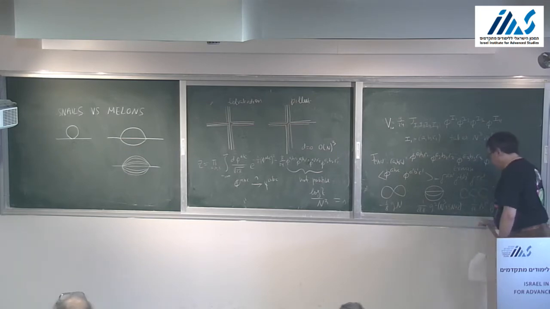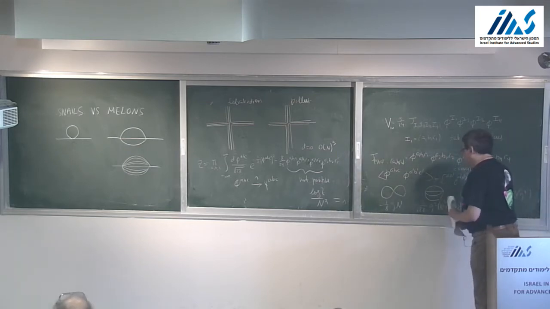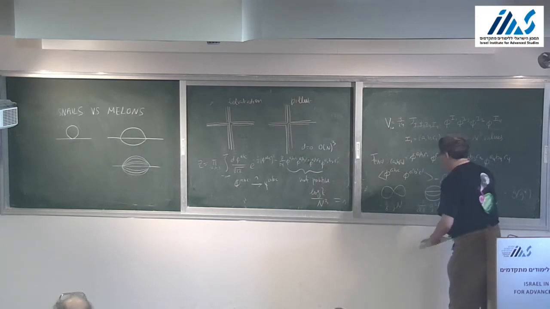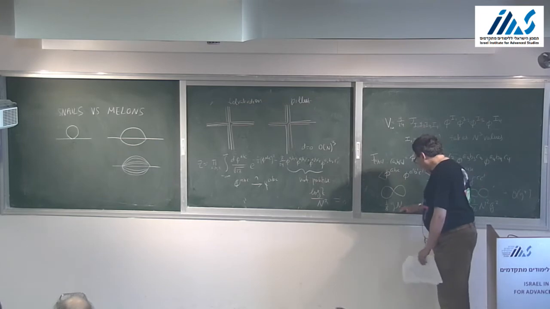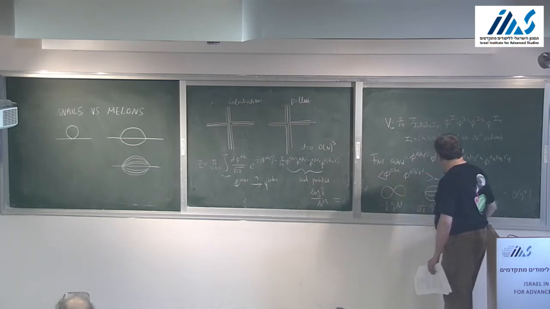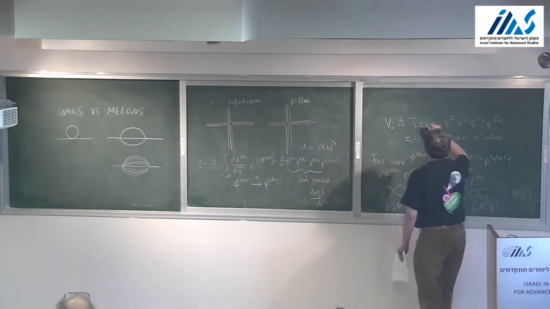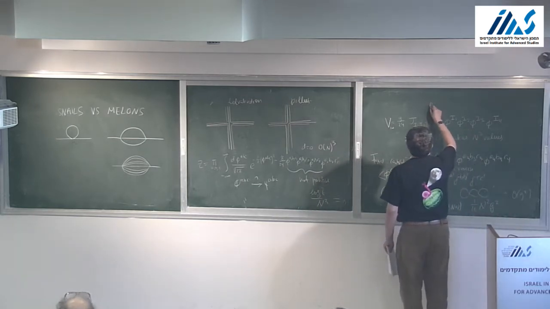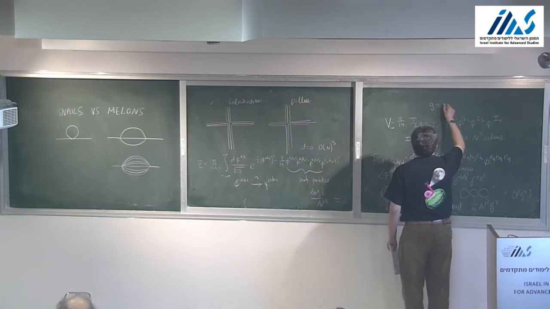But this explicit evaluation shows what I claimed last time, that the snail type diagram is suppressed compared to the bubble type diagram if I take this scaling limit where g is of order lambda divided by N to the 3/2.